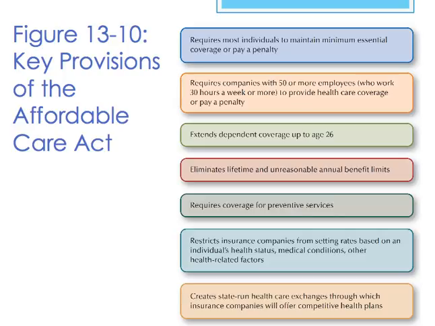The other provision is that it creates state-run healthcare exchanges through which insurance companies will offer competitive health plans. This has created so many healthcare plan options that the average person has no clue what any of this means.